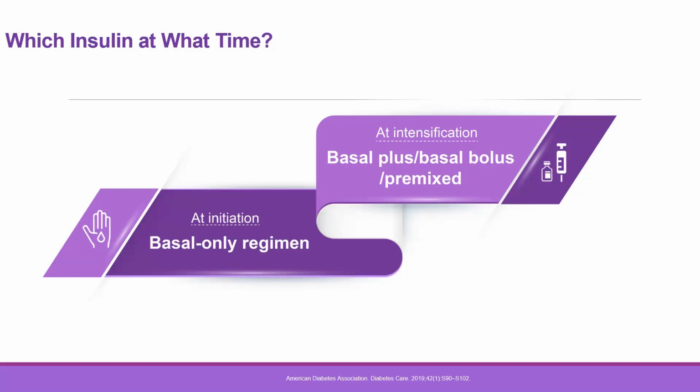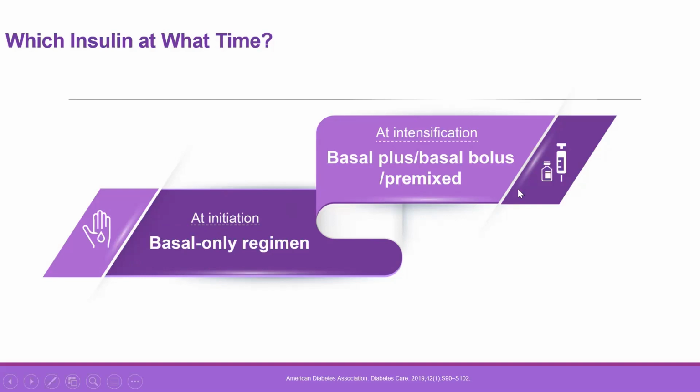Conventionally and customarily, we start with basal insulin. So at initiation, we start the basal insulin. And after attaining a good fasting plasma glucose, if the patient has high postprandial plasma glucose, then we shift the patient to either basal plus or basal bolus or premixed insulin.